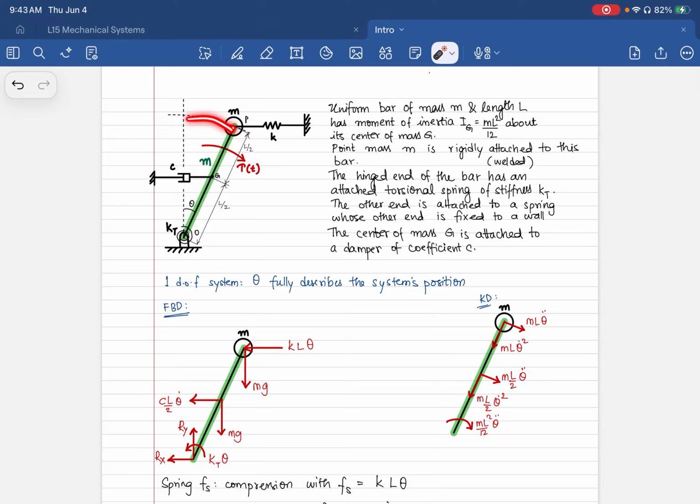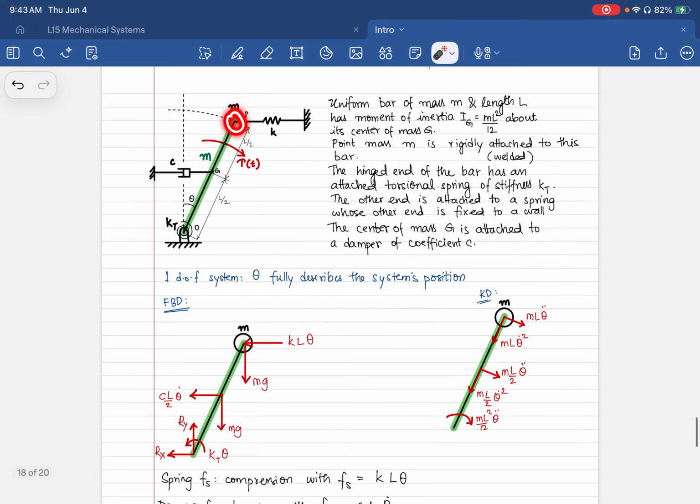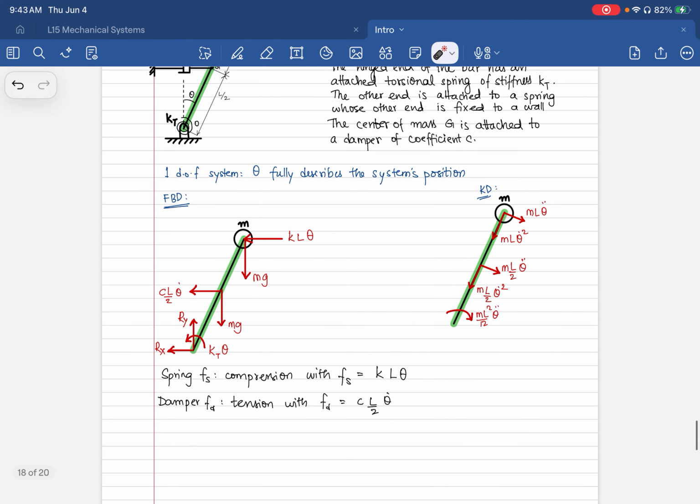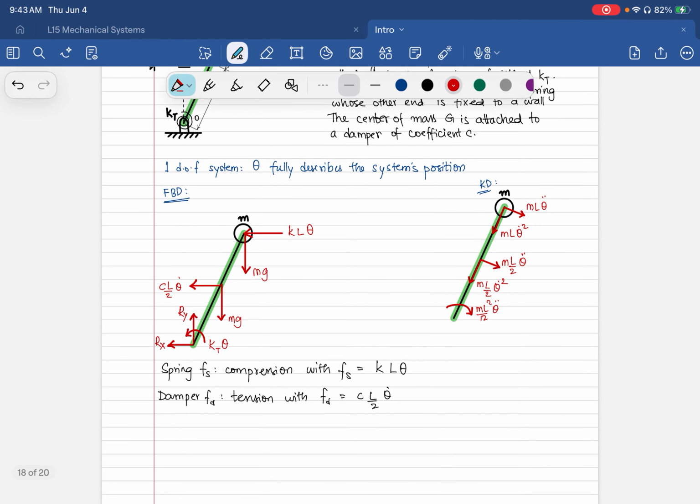This end would have compressed the spring by L theta, and so this will create a restoring force of K L theta. We have to account for the gravitational forces because the spring is not holding any static deflection to counteract that gravitational force. Okay, with that, we have everything that we need in the free body diagram and the kinetic diagram.